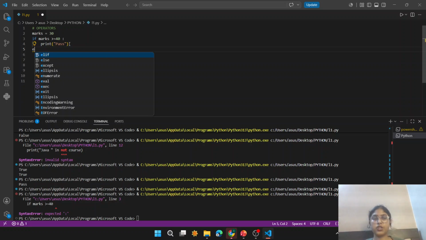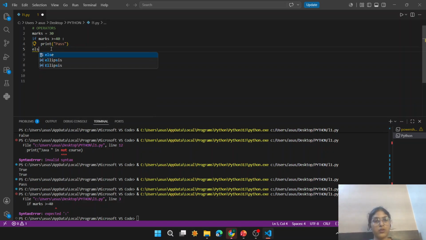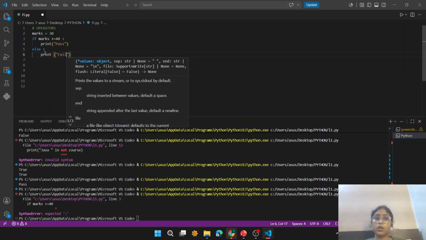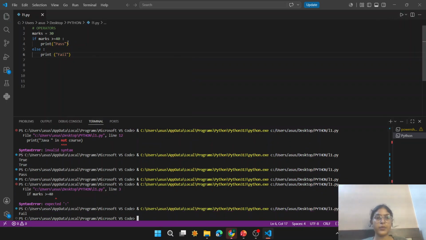You can put a condition in it, but it's not necessary, because it simply means the first condition is not satisfied, so this should be run. So print fail. We don't need any condition since the person has failed. So the answer is fail.